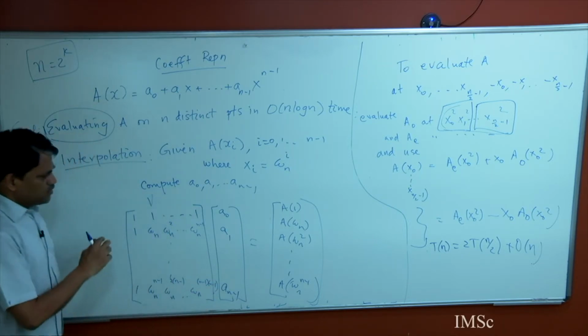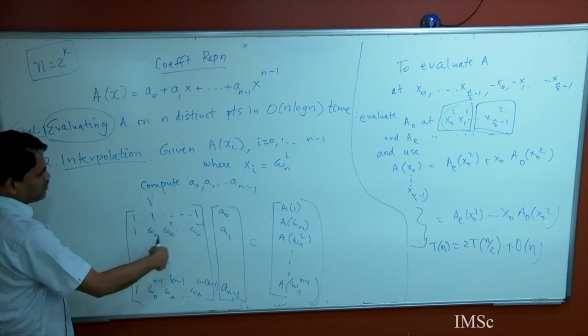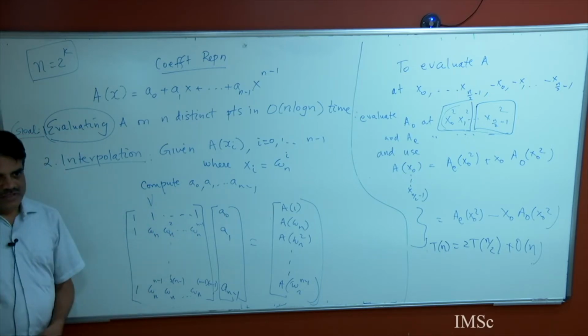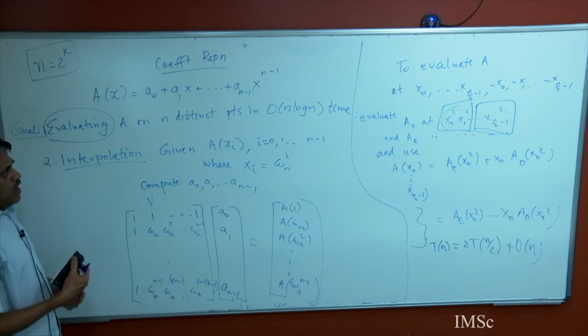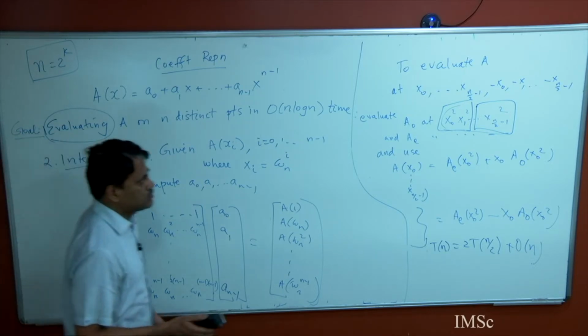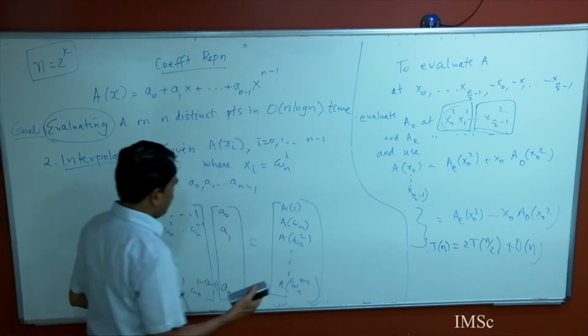Again, this is a Vandermonde matrix, but it is a special matrix, not an arbitrary one, built from these special values. So now what do I want?